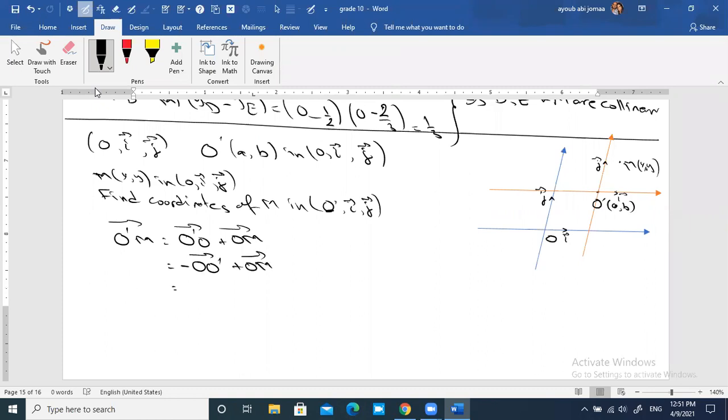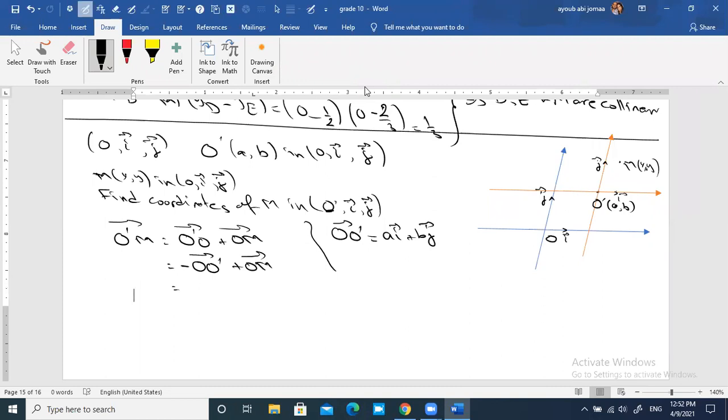Now, you have the coordinates of point O prime in the system OIJ. So OO prime is equal to AI plus BJ, right? Because the coordinates of point O prime in the system OIJ are AB. It means that OO prime is equal to AI plus BJ.